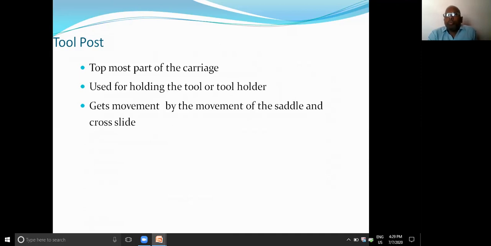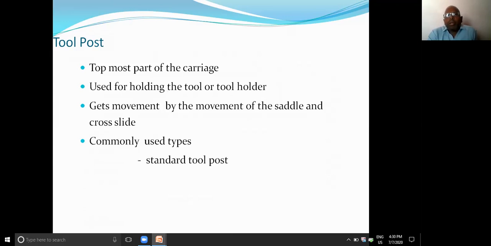The tool post moves because of the movement of the carriage, that means the saddle, or because of the movement of the cross slide. In addition, the compound rest motion also provides movement for the tool post.